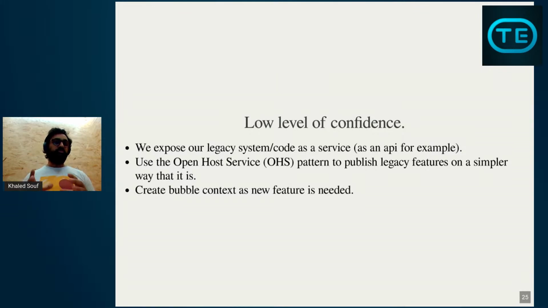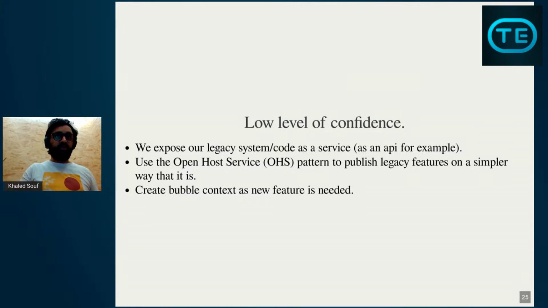Open host service is saying that we have a system, we want to expose it, but not as it is. We're going to expose it with limitations, or maybe with some kind of transformation of the information, and we're going to publish it, and then somebody else is going to use it.